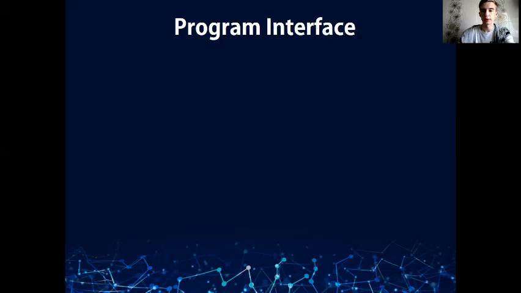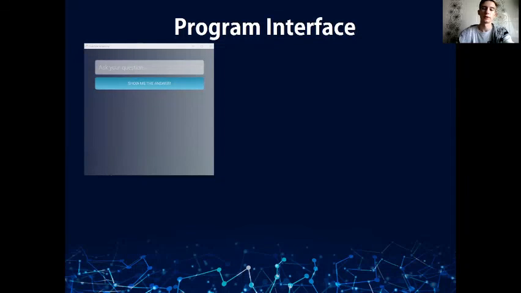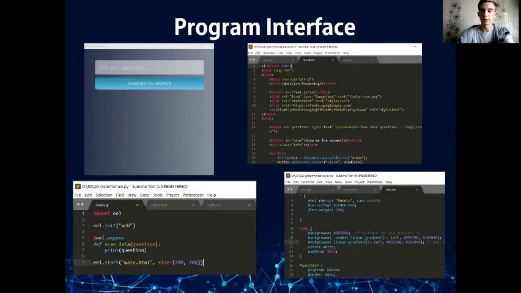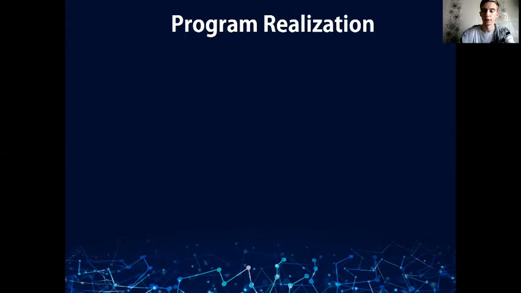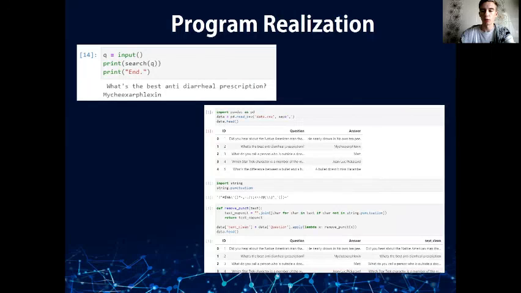On this slide, you can see the developed interface of my program. Also, you can see the Python, HTML, CSS, and JavaScript code on which this program was developed. Now you can see the main program code in Jupyter Notebook on Python.